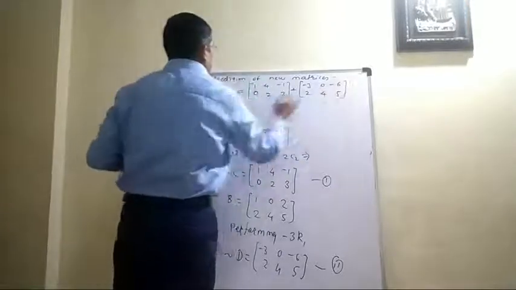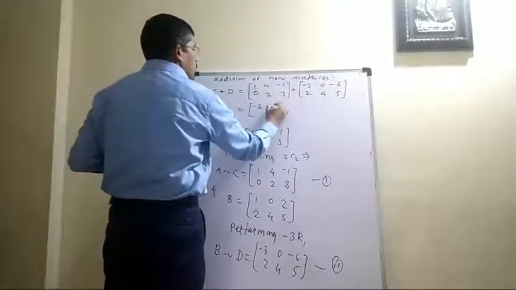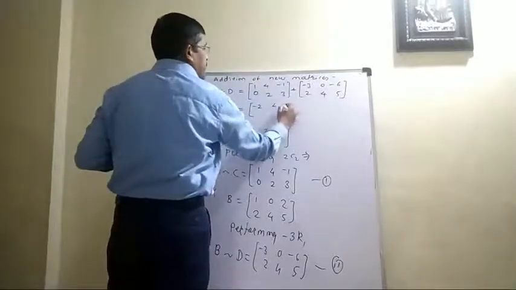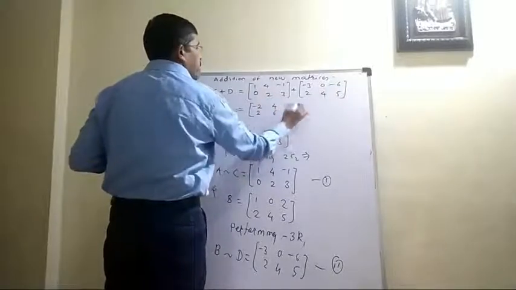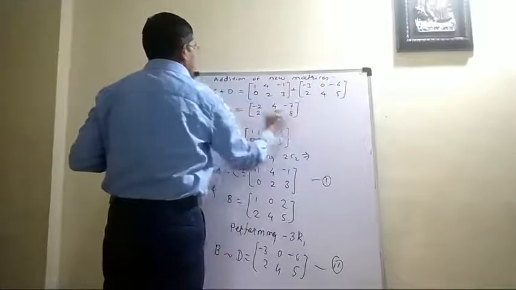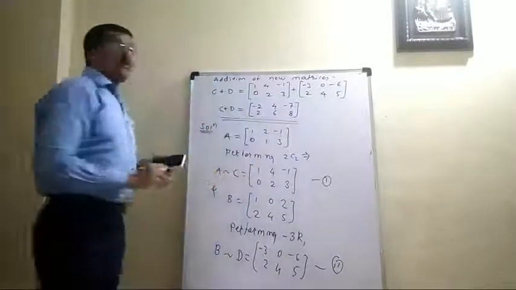Let us see the addition. 1 minus 3 is minus 2, 4 plus 0 is 4, minus 1 minus 6 is minus 7, 0 plus 2 is 2, 2 plus 4 is 6, 5 plus 3 is 8. This is the final answer. This is the sum or addition of two new matrices.